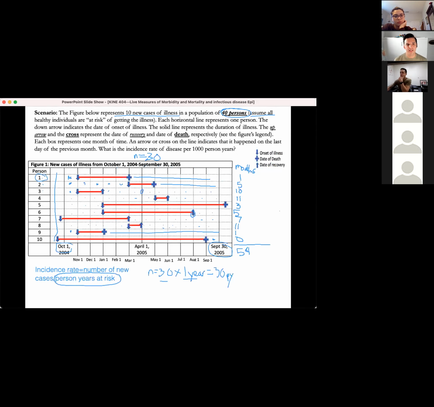Now, I want this in person years. So in order to convert that over to person years, you have to divide that by the number of months in a year. So I would take 54 and divide that by 12. And so 54 divided by 12, let's see, I can't do that in my head. 4.5.